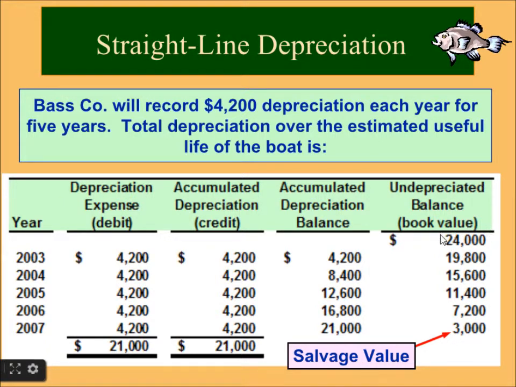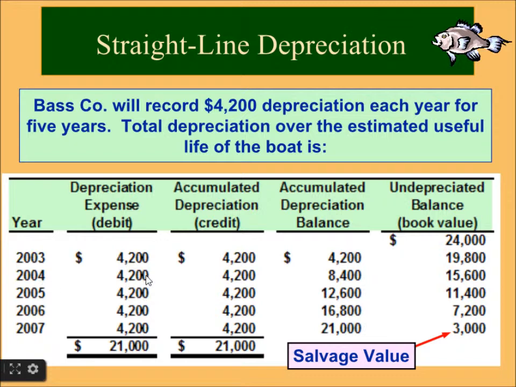Since the book value given is 24,000, and the equipment has depreciated by the amount of 4,200, we will deduct 4,200 from the book value, and we'll get the undepreciated balance of the asset, which is $19,800 by the end of 2003.